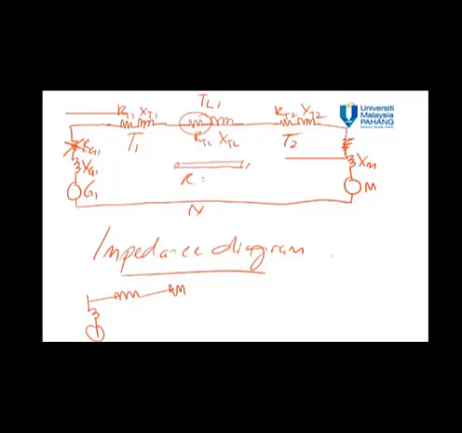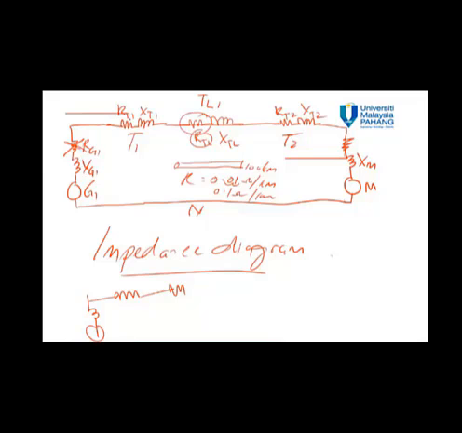Let's say this cable is 100 kilometers long, with a resistance of 0.001 ohms per kilometer. When the length of the transmission line is more than 100 kilometers, the resistance also increases significantly, maybe sometimes 0.1 ohms per kilometer. So this value increases as the transmission line increases, and we cannot ignore the resistance value.